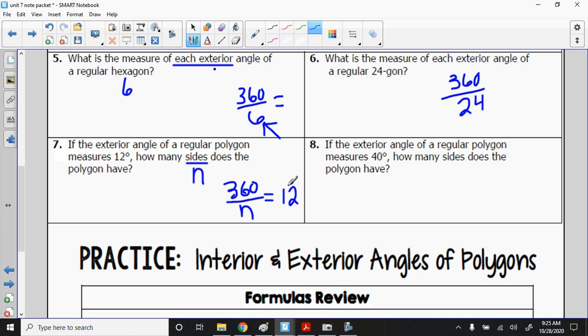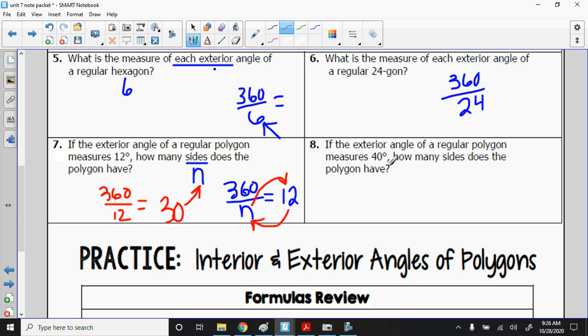The quick way to do this is to replace the n and the 12 and take 360 and divide that by 12, and you get 30. In my calculator, I said 360 divided by 12 and I get 30. The number of sides is 30.